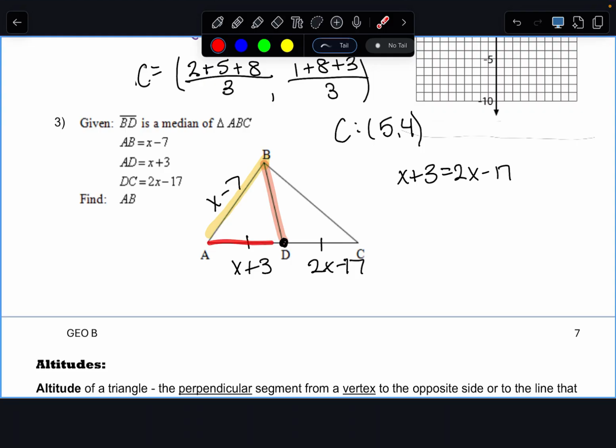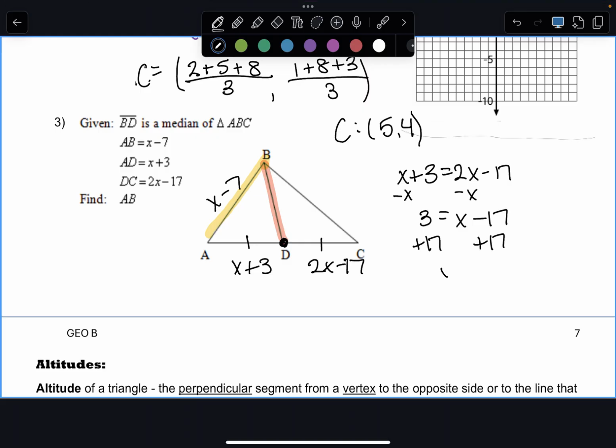Again, these pieces are equal because the median intersects the midpoint. Okay, solve for x here. Let's subtract my x over. I get 3 is equal to x minus 17. And then if I add my 17, I get x is 20.